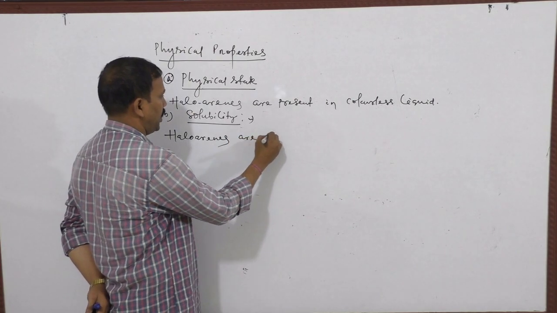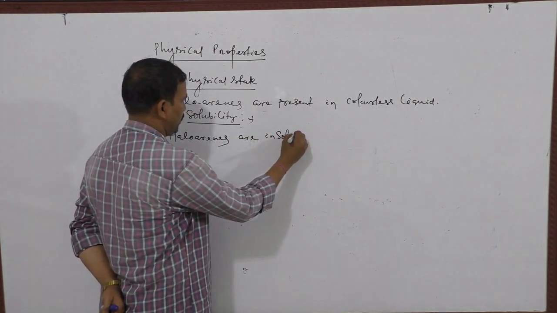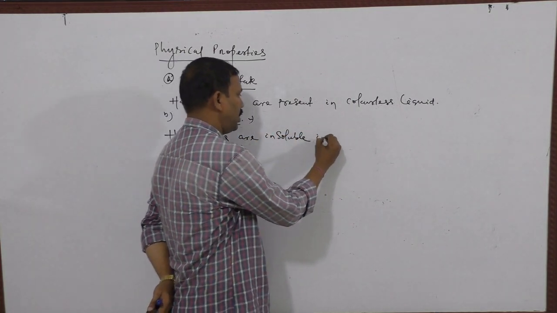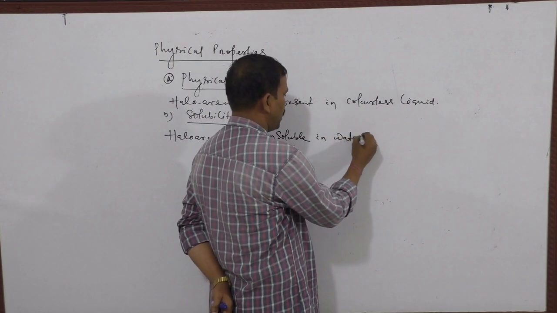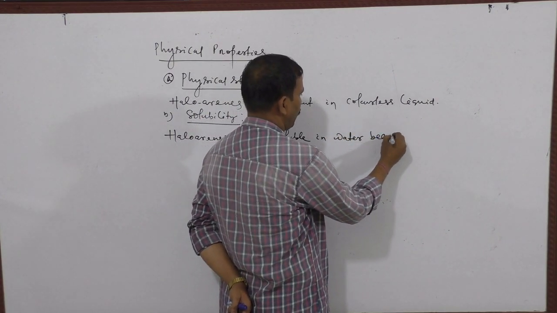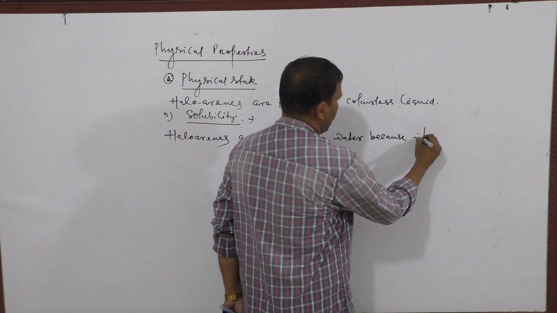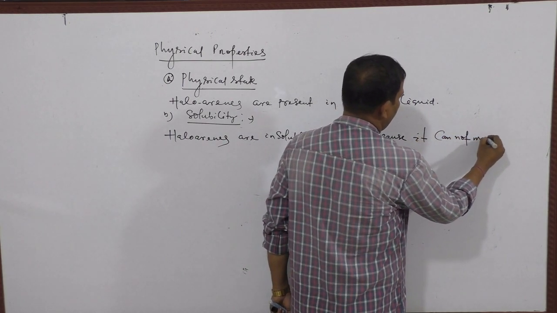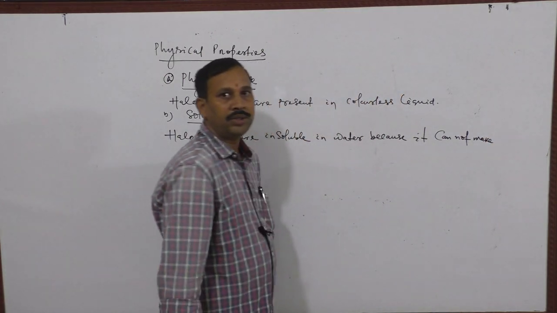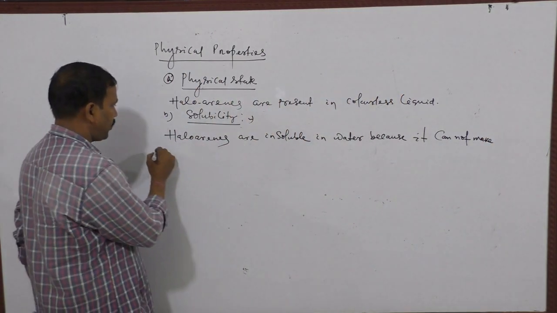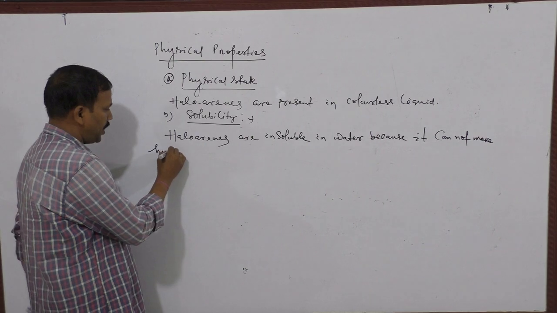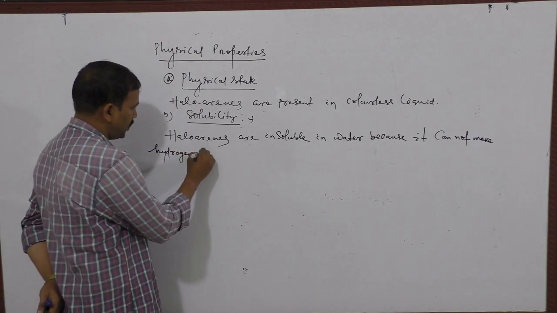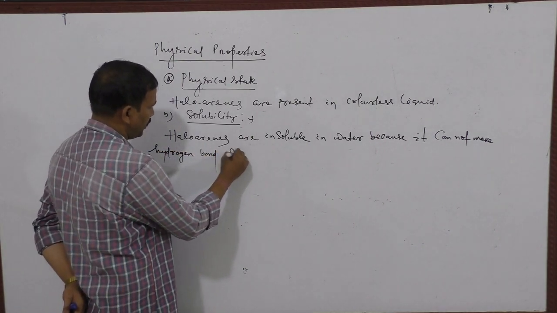Haloarenes are insoluble in water because it cannot make hydrogen bond with water.